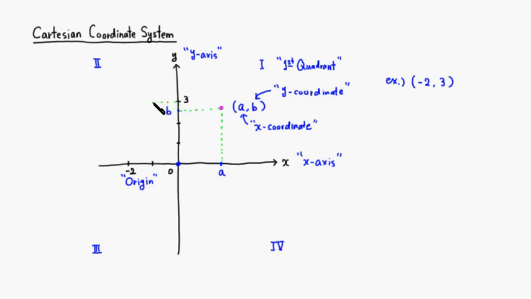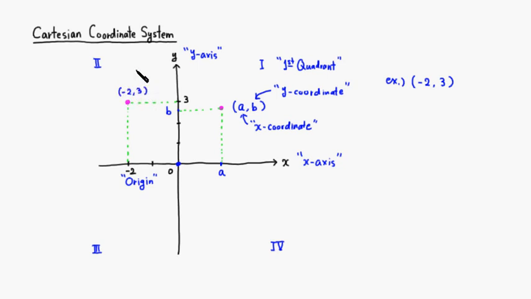So it's 3 here, and also negative 2. So negative 2 comma positive 3. The location of the point is right there. This is negative 2 comma 3.